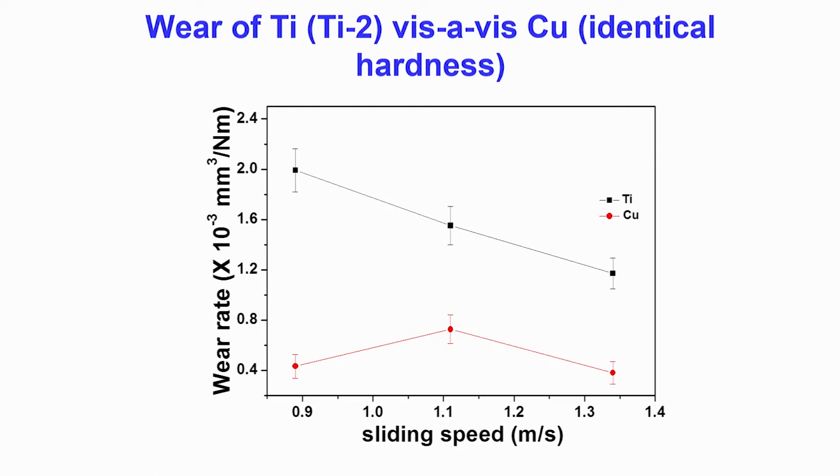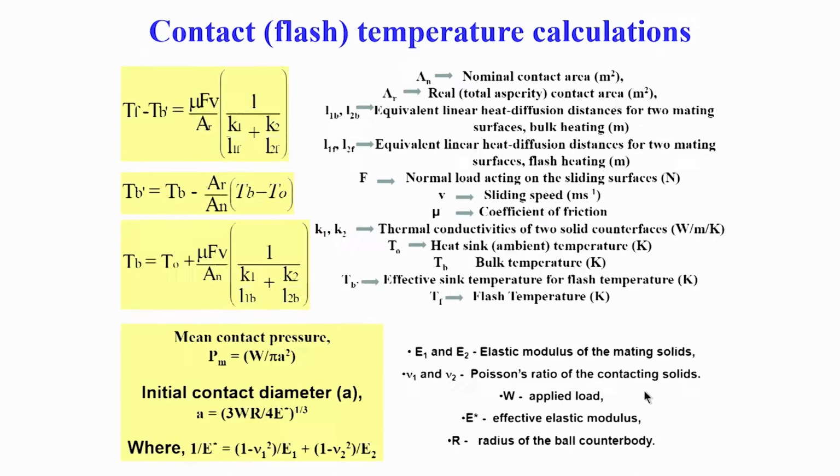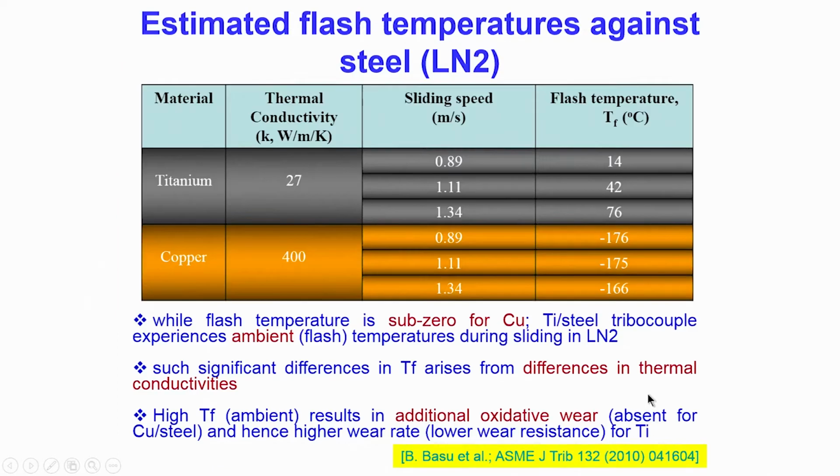Now, if you compare these two materials, titanium and copper, what you notice is that in the titanium case, the wear rate decreases with sliding speed. In the case of copper, we do not see any very clear trend. In terms of the flash temperature calculations, in the case of copper, because of the high thermal conductivity, flash temperature is fairly low, but for titanium the flash temperature is above room temperature, for example here and here.